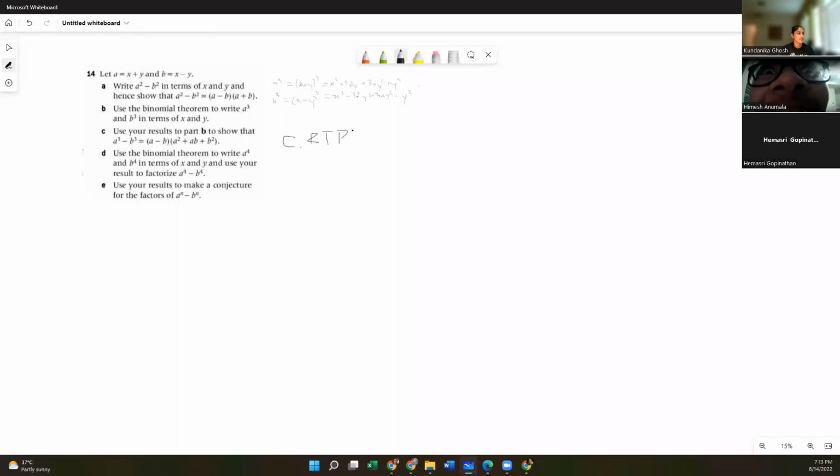RTP: I'm required to prove that a cubed minus b cubed equals (a minus b) times (a squared plus ab plus b squared).